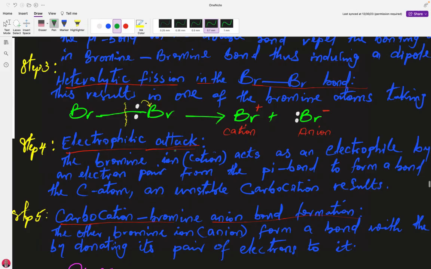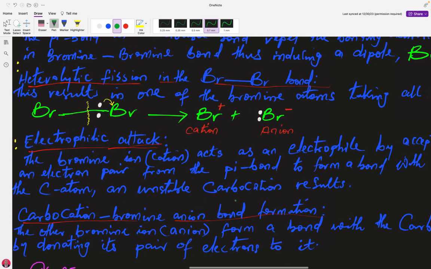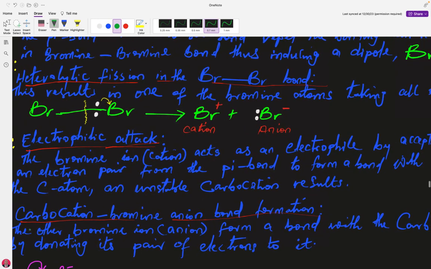By accepting a pair of electrons from the pi bond. And this will lead to what? This will lead to the formation of an unstable carbocation.